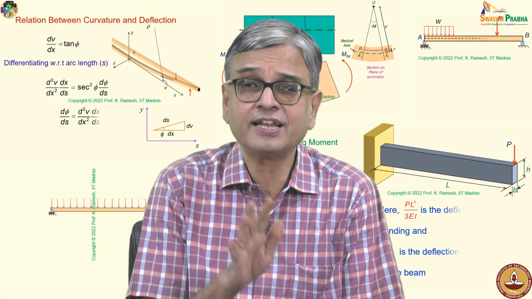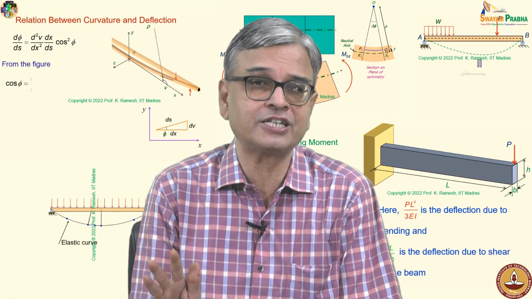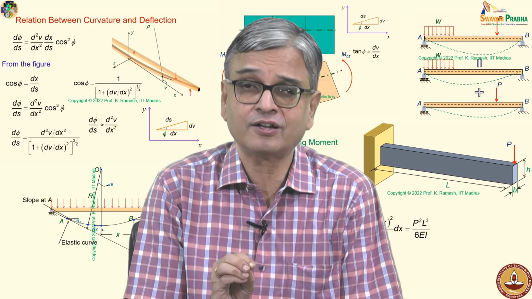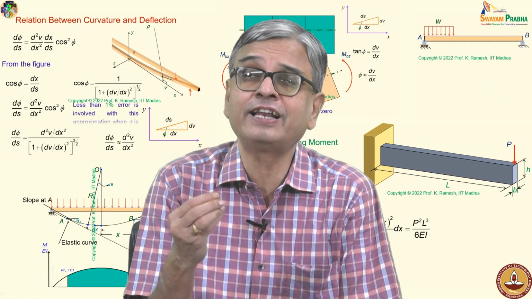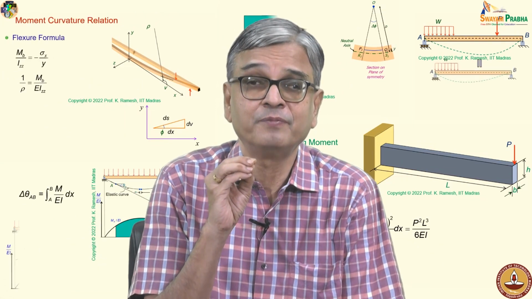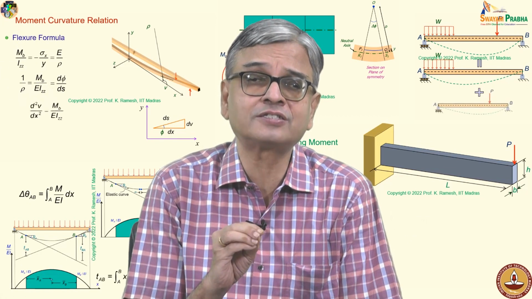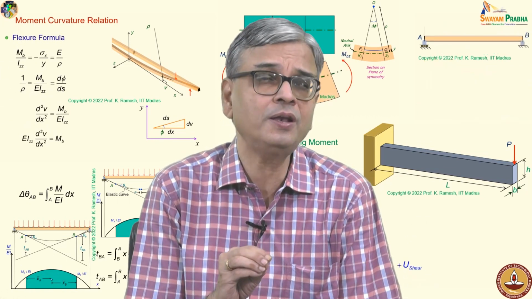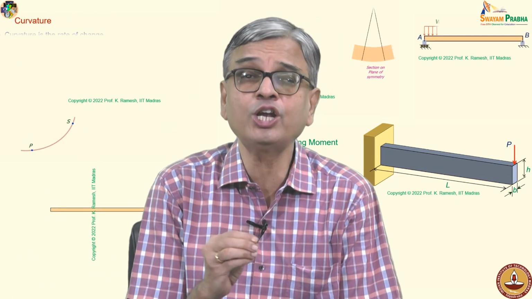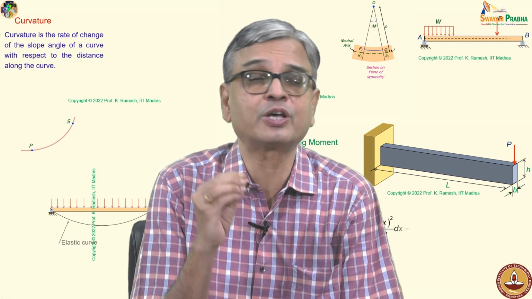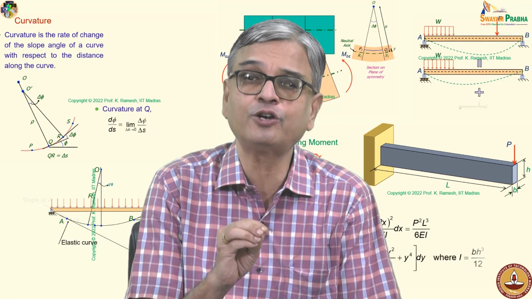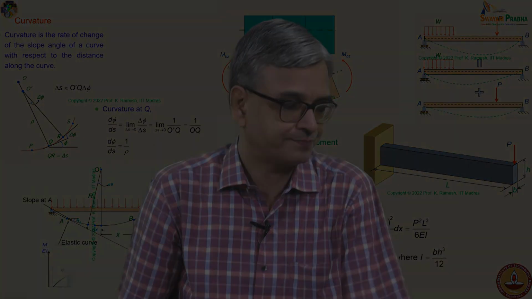We extend it for beams transmitting shear force, neglecting the influence of shear, or you have infinite shear rigidity, whichever way you look at it. We are justified in doing it because shear effects are normally very small, and I said we also have special methods by which you can find out what is the deflection because of shear force. That we will postpone for the time being, but we will definitely do as part of this course.